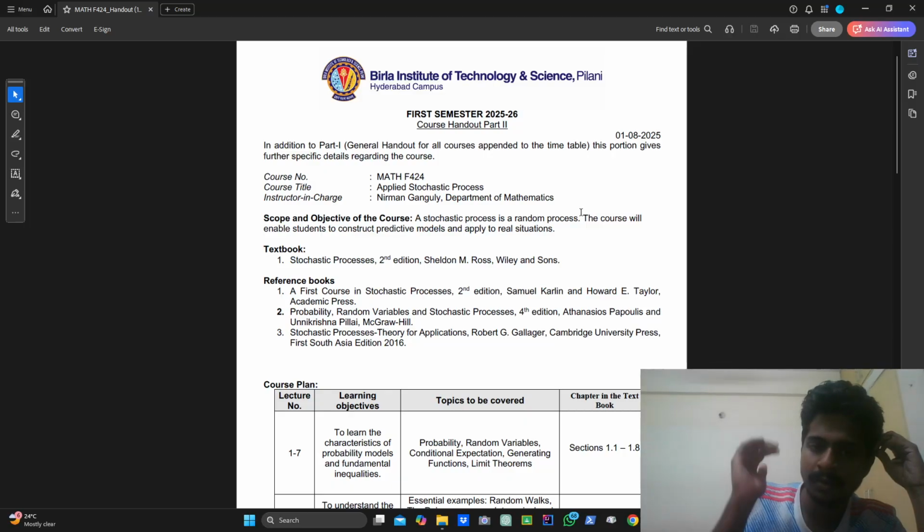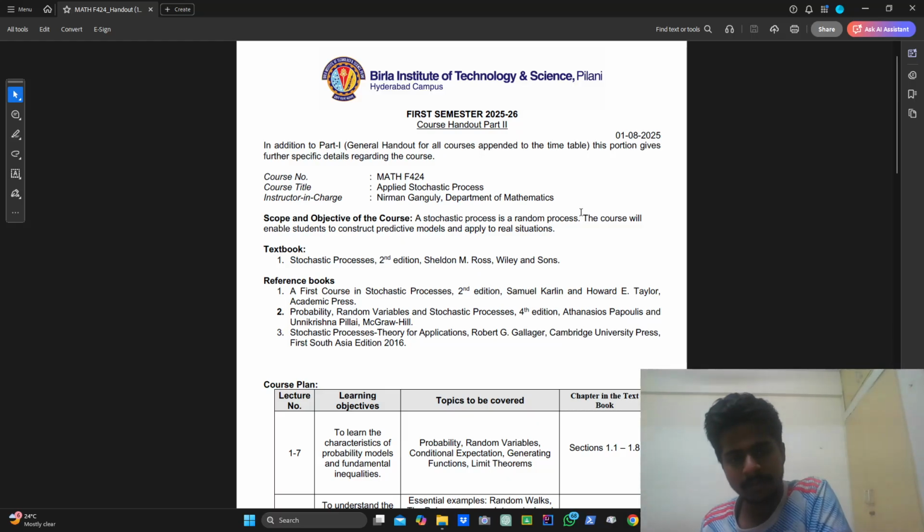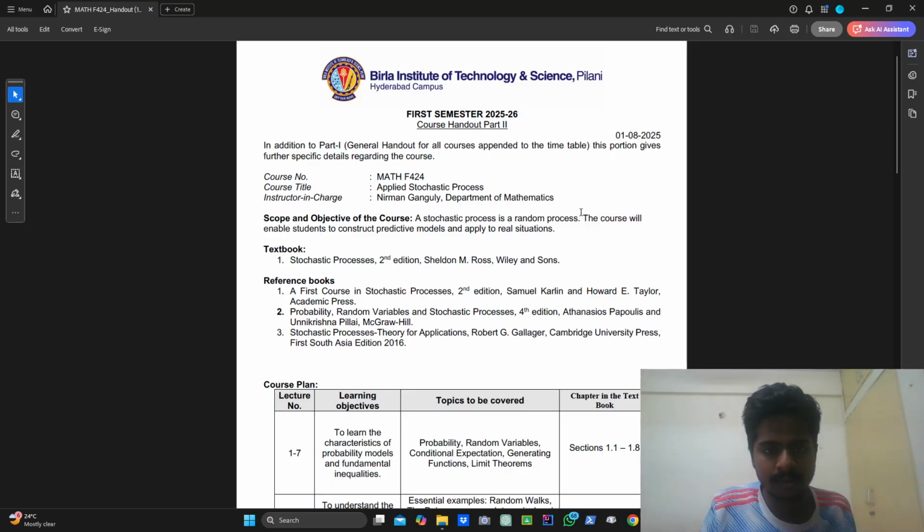sometimes you can think of them as completely random changes, but you can break down these changes into a couple of possible things that can happen and assign each one of them a certain probability. So a lot of things can happen, but some things are more probable or less probable, and that is how the process is evolving with time.